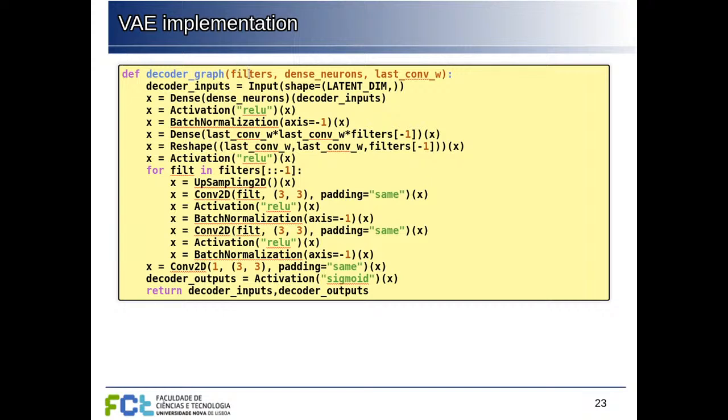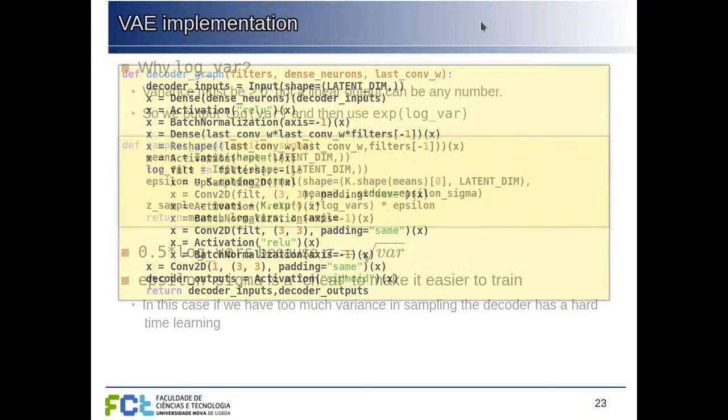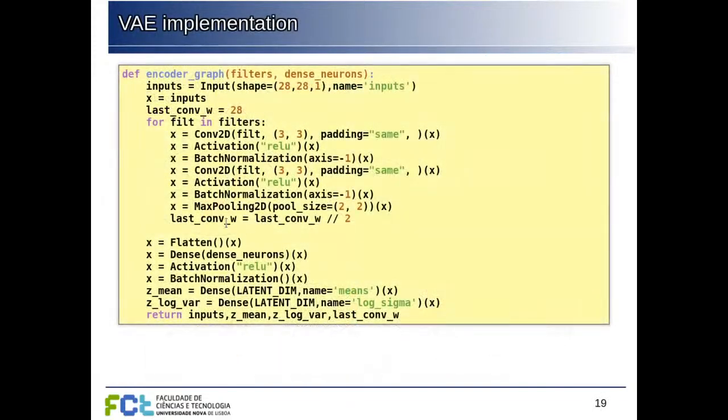So this is the last number of filters there. We create this dense layer so that we can map from the 2 dimensions into these dimensions given by the dense neurons, into what will be the feature map once we reshape it. So this will give it the same shape as the last feature map on the encoder.